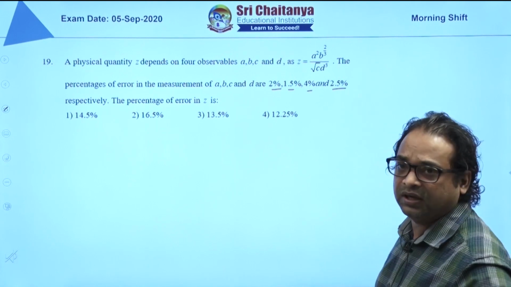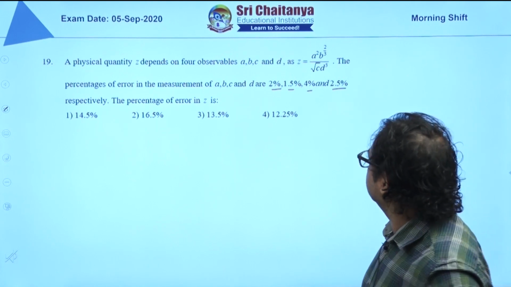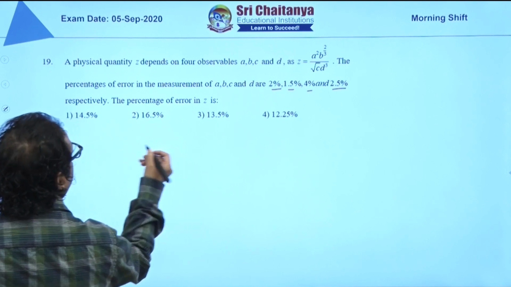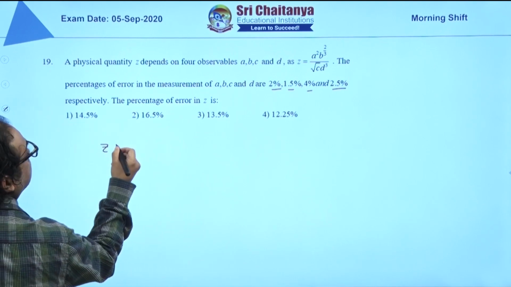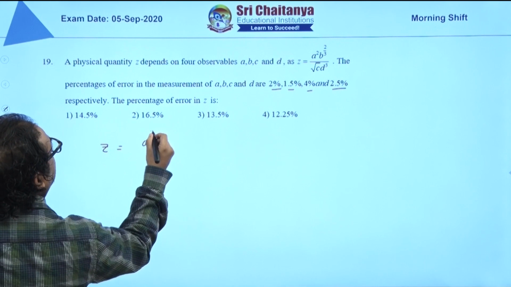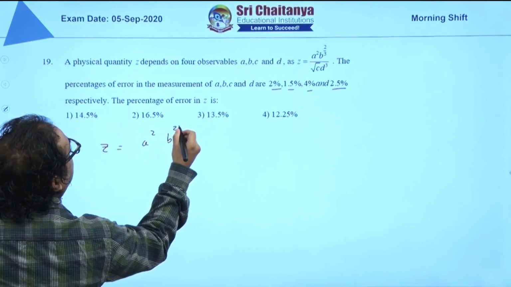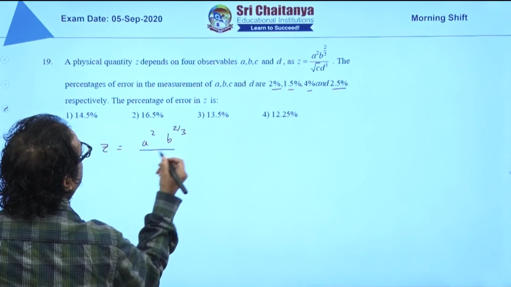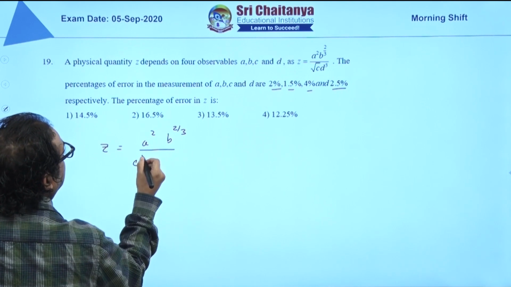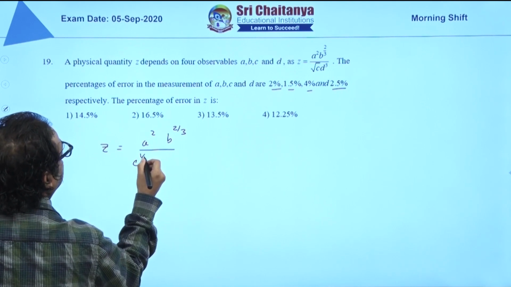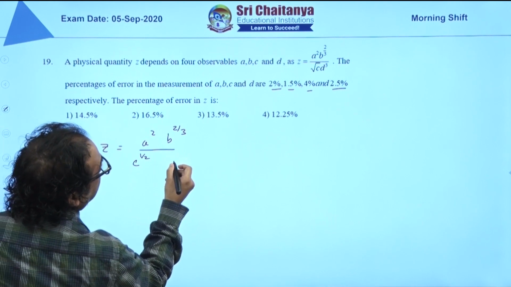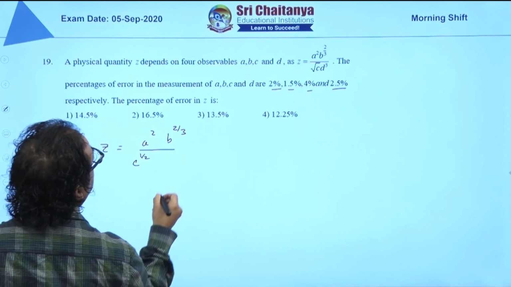What is the percentage error in Z? So, basically we know the general formula, Z is equal to A square B to the power 2 by 3, then C to the power, let us say, half, and D cube.